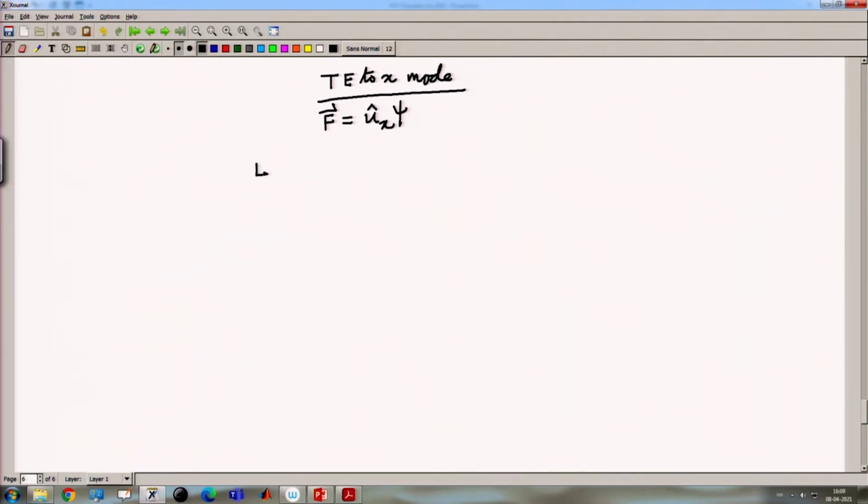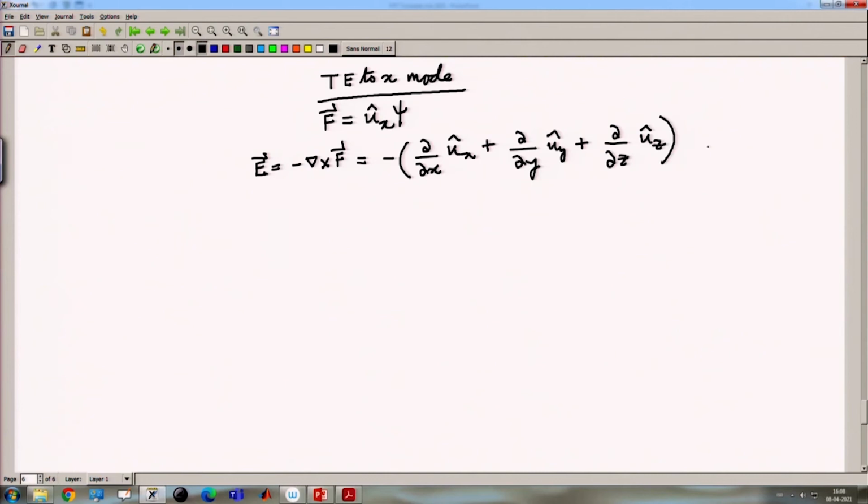So, E is given by minus curl of F, it is given by minus del del x u x plus del del y u y plus del del z u z times u x psi.